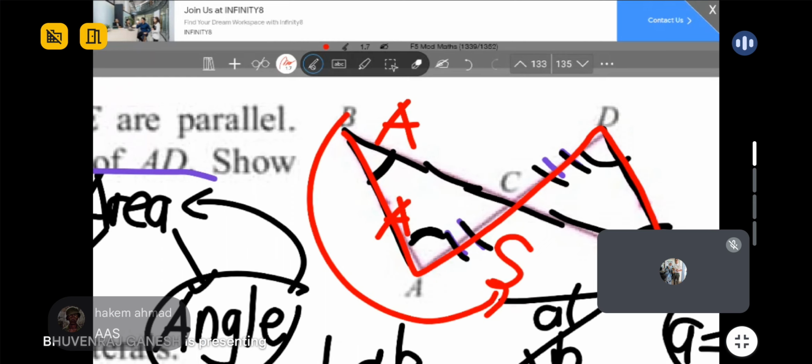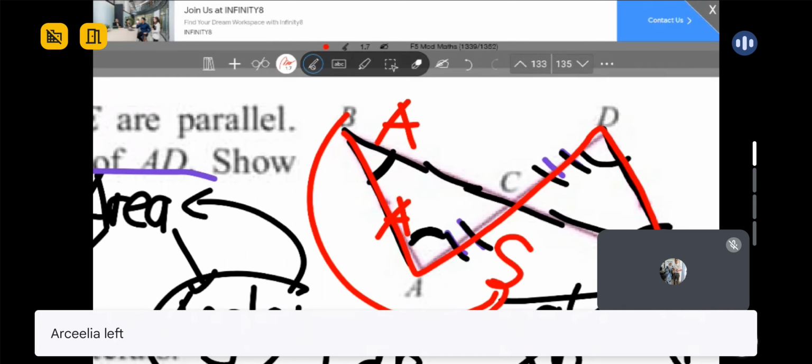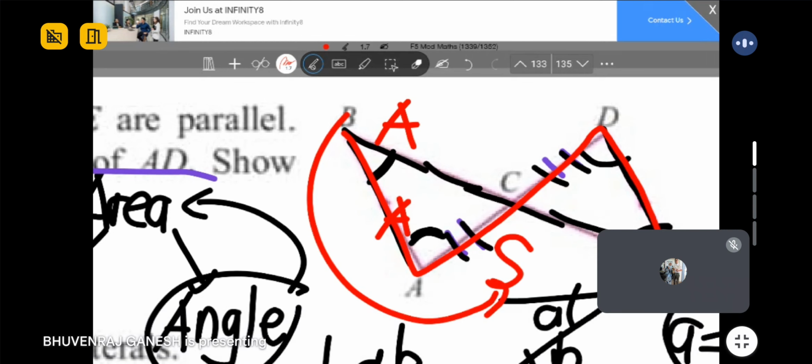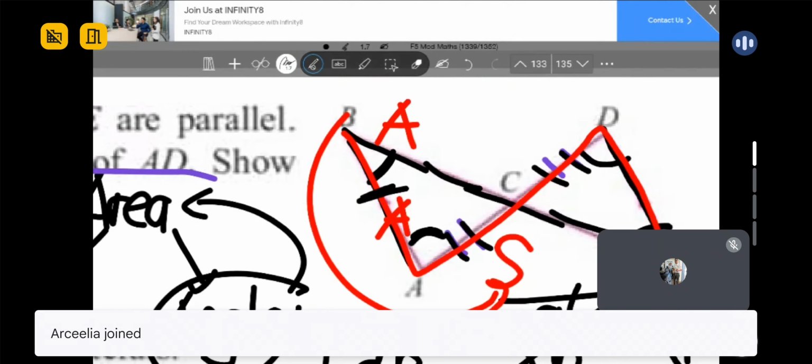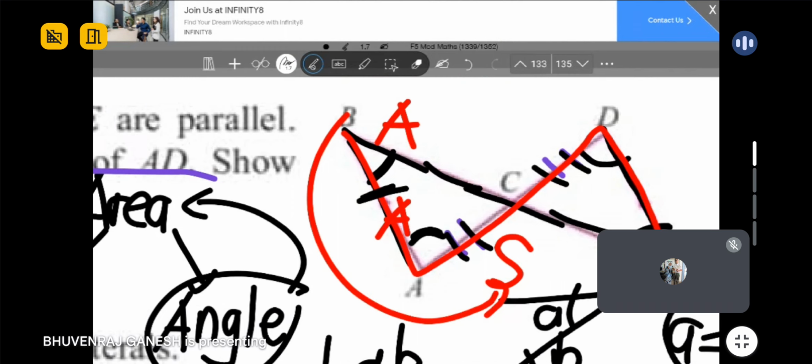Okay, yes. AAS is the correct answer. Okay, kita tak ada segitiga SSA. Hanya segitiga AAS. Okay. So one thing you might ask me now, guys. I thought we don't have the side here. So how can you say this method is correct? Am I right, guys? Some of you might think like this, right?